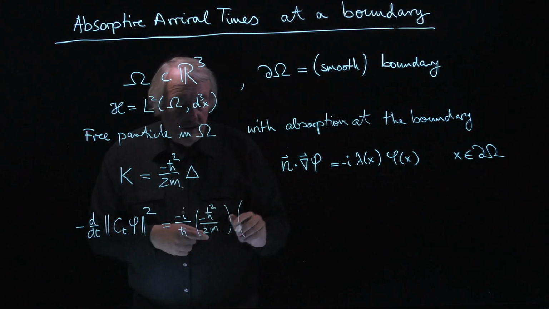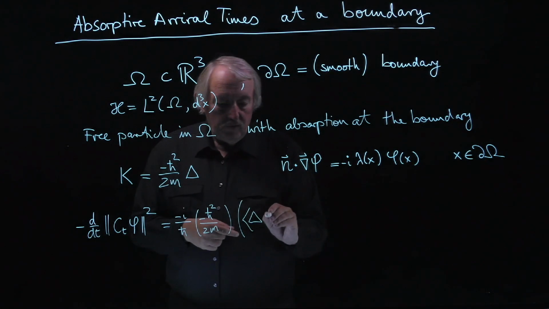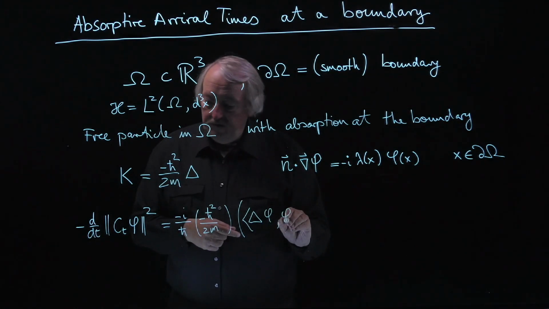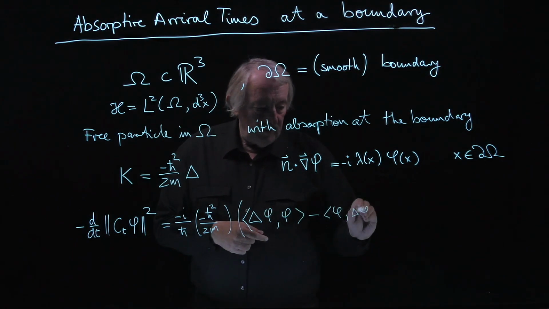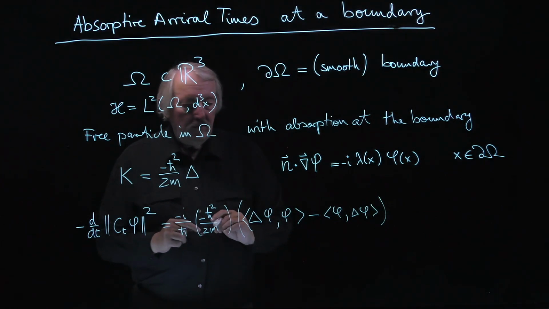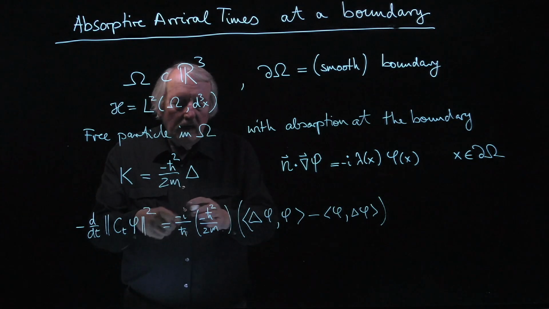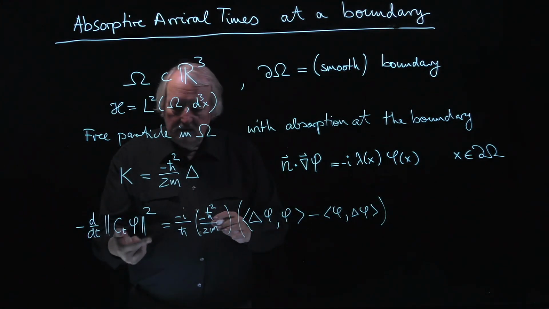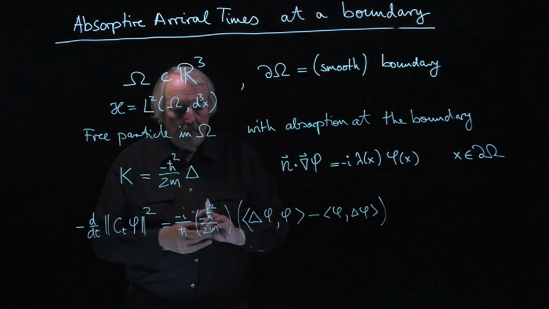And then we have the scalar product of Laplace phi with phi minus phi with phi. So I just plugged in this expression for the Hamiltonian, or for the generator, and the earlier formula that expresses this in terms of that kind of imaginary part of the scalar product.